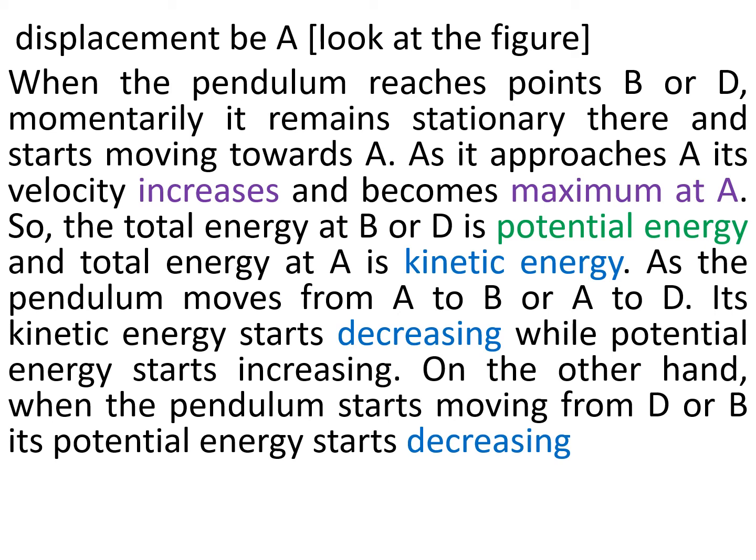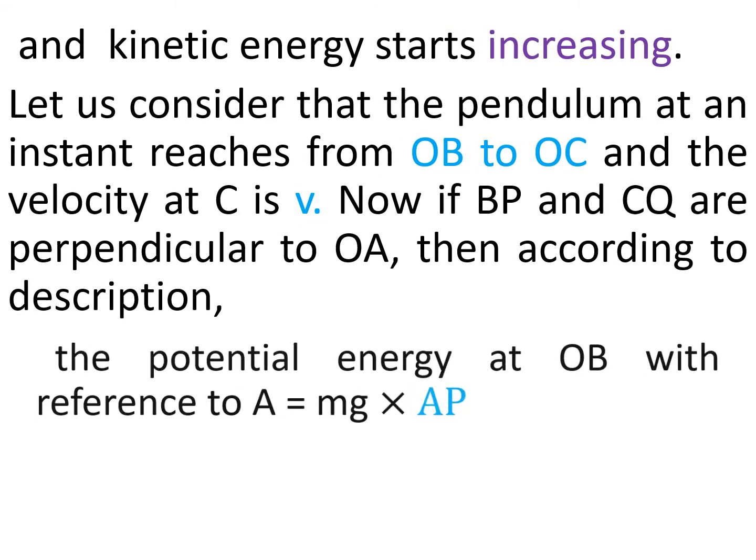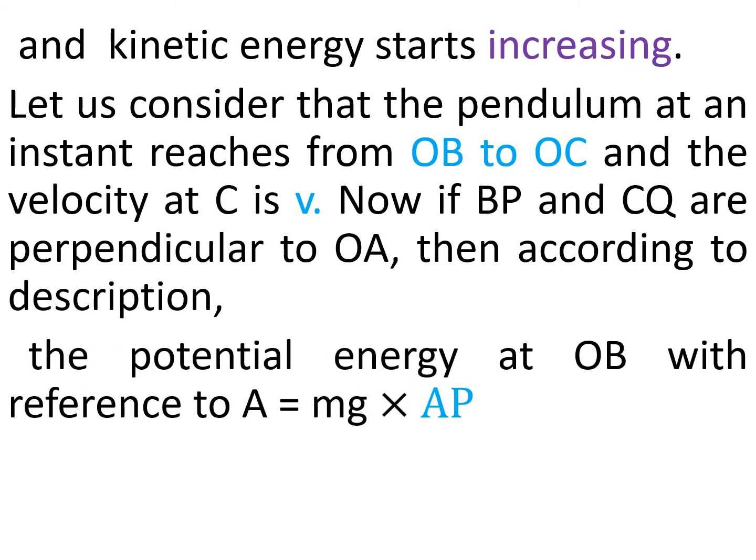As the pendulum moves from B or D to A, its kinetic energy increases and its potential energy decreases. On the other hand, when the pendulum moves from A to B or D, its kinetic energy starts decreasing while its potential energy starts increasing.